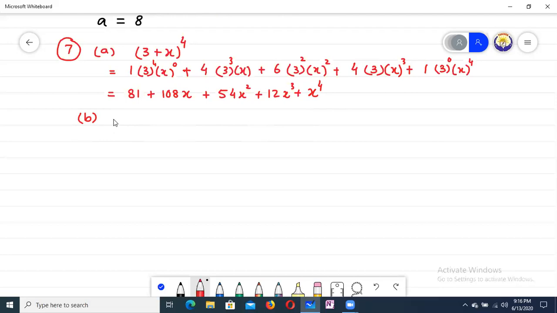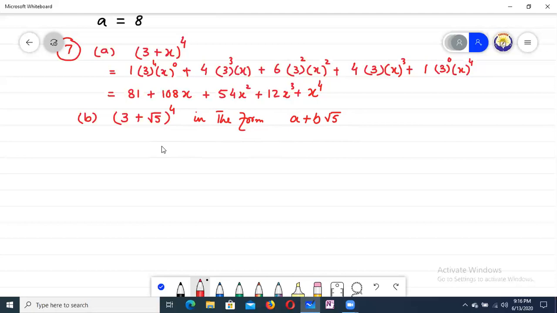use your answer to part A to express (3 plus square root of 5) raised to the power 4, 3 plus square root of 5 whole power 4. This we have to express in the form a plus b square root of 5.